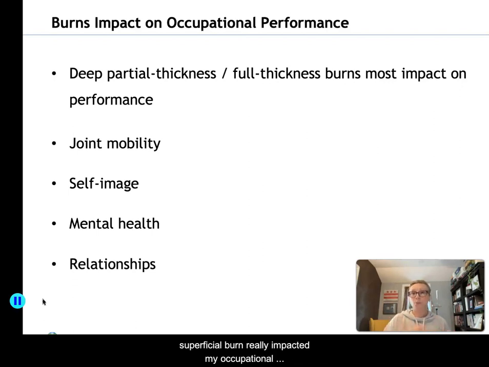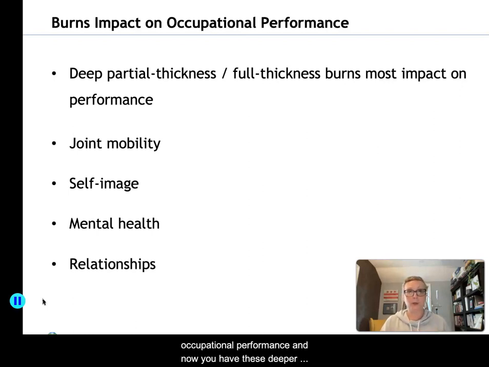So again, that superficial burn really impacted my occupational performance because it was really challenging for me to continue cooking. It was really hard for me to perform basic activities of daily living, ADLs, such as brushing my teeth, because it was on my dominant hand right in the middle of my palm, so it was very painful. So those are those superficial burns, and those impact occupational performance.